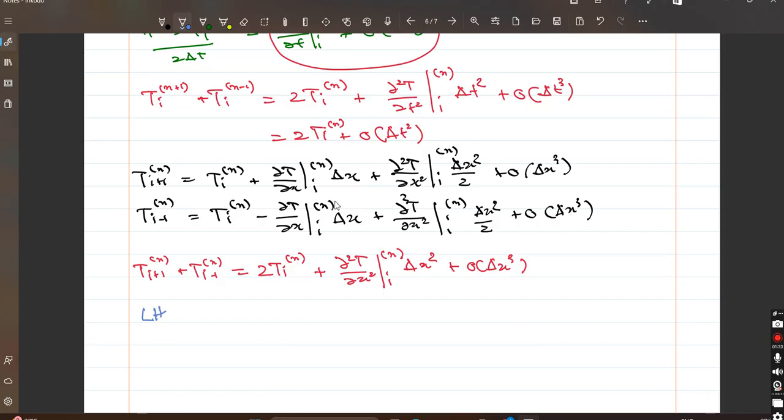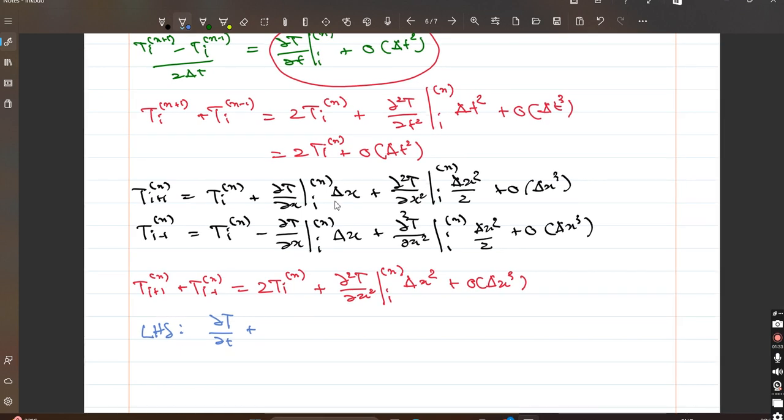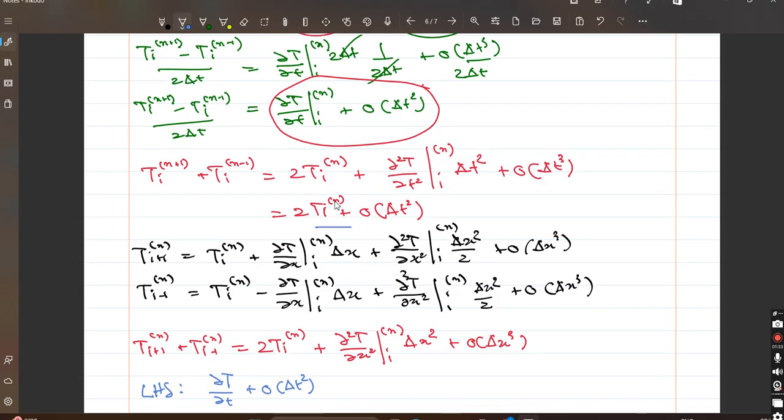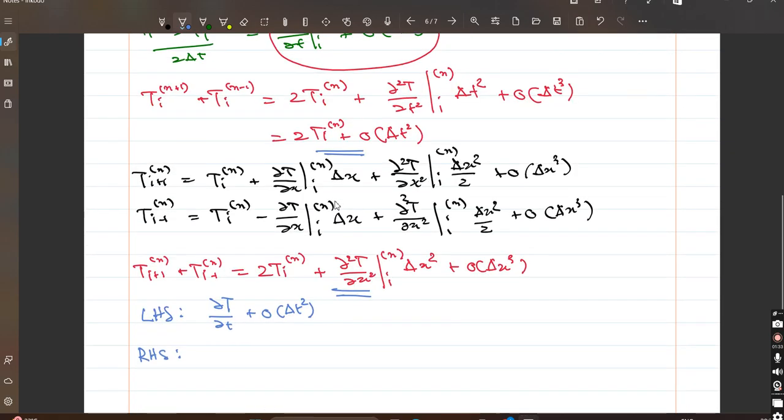So the left hand side is the partial derivative of T with respect to small t plus order of delta t square, and the RHS will be a sum of this one and this one divided by delta x square, right?